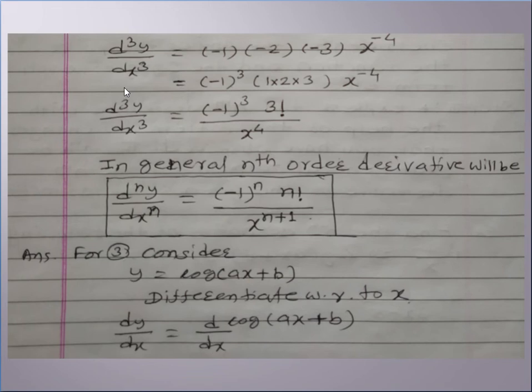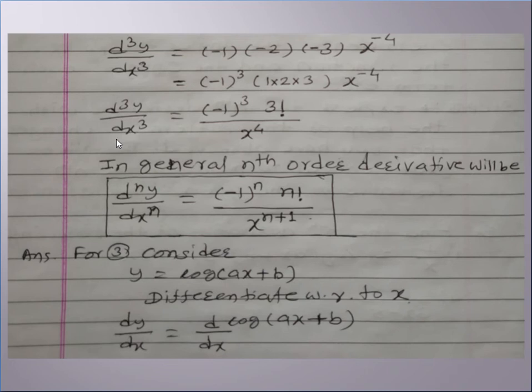Therefore, d cube y upon dx cube is equal to minus 1 into minus 2 into the derivative of x raised to minus 3, which is minus 3 into x raised to minus 4, using the same formula. That is, we get d cube y by dx cube is equal to minus 1 raised to 3 into, in bracket, 1 into 2 into 3 into x raised to minus 4.